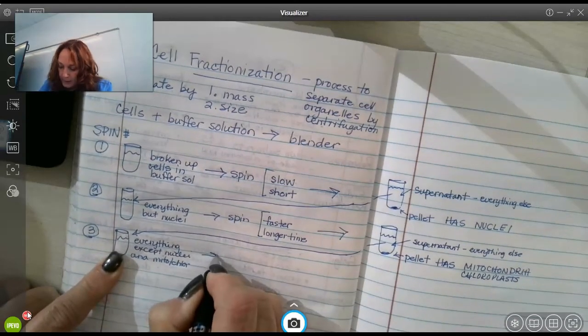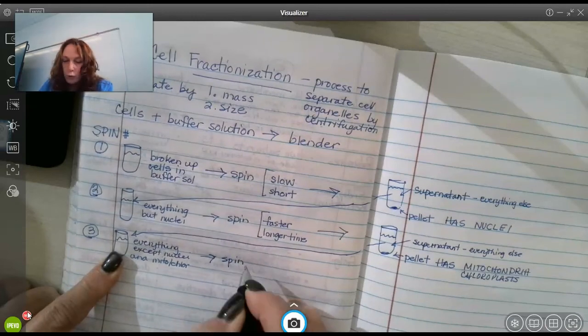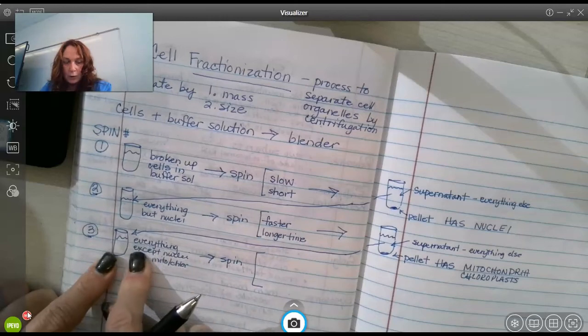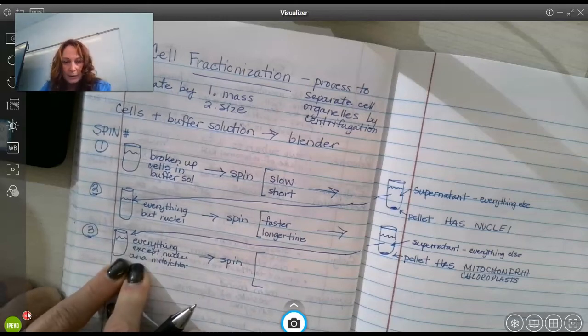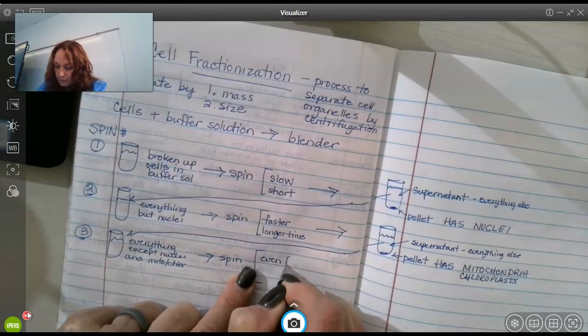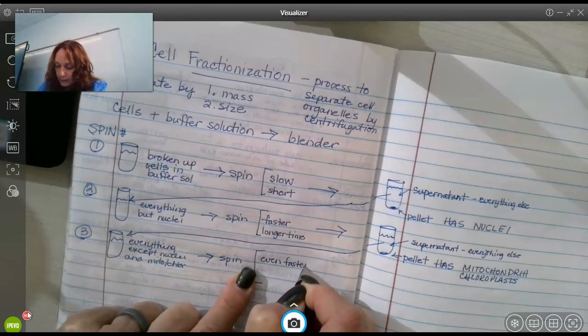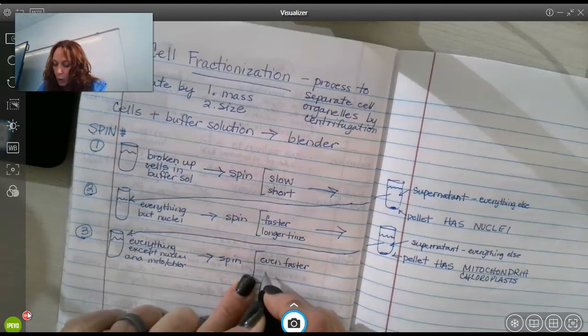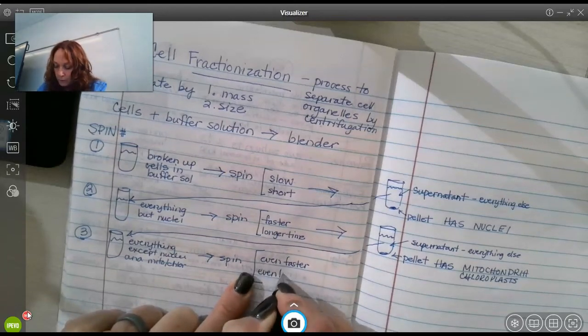And I'm going to spin again. You'll get the pattern. What's left in here is smaller stuff. So I'm going to have to go even faster, as far as the number of spins per minute, and for an even longer period of time.